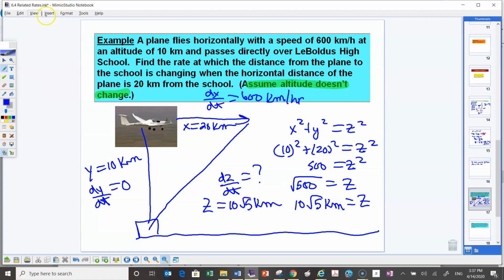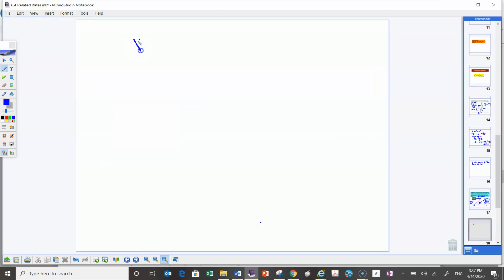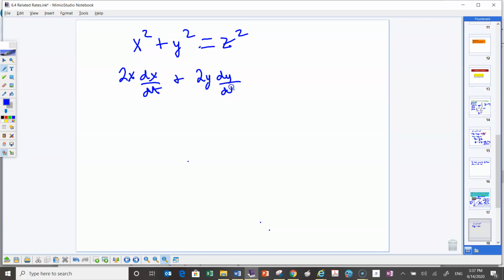And now I start with Pythagoras' theorem again. So x squared plus y squared is z squared. So 2x dx/dt plus 2y dy/dt is 2z dz/dt. And this time dy/dt is 0, so all of that becomes 0.